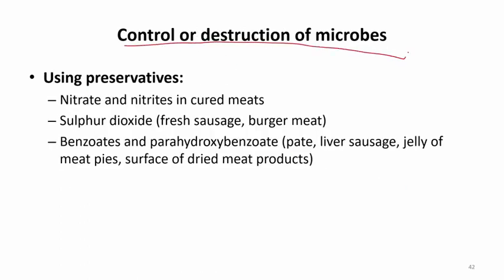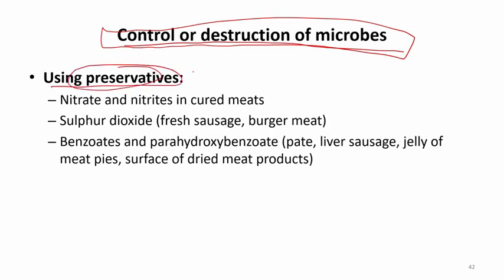Right, and now we go to the methods that we can apply to control or to destroy microorganisms. So the first technique, or the first approach, cách tiếp cận, is by using preservatives. Preservative là chất bảo quản. Okay.